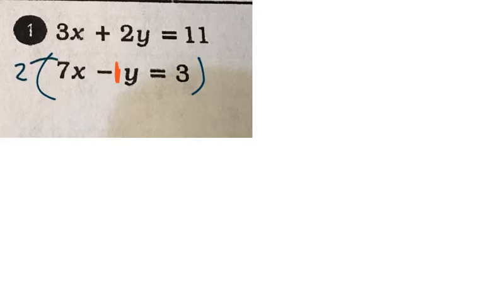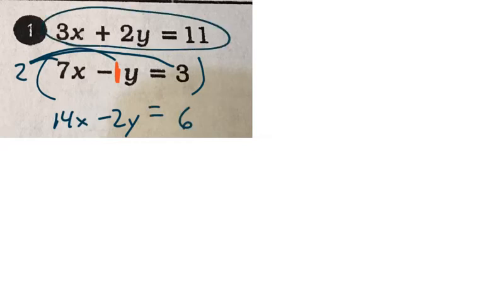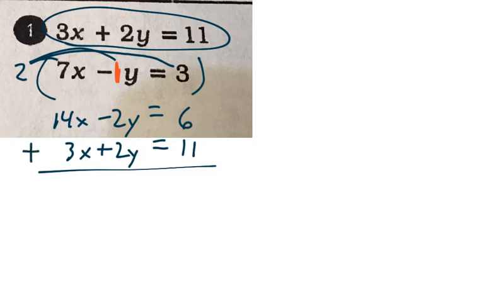And just follow along. 2 times 7 is 14x. 2 times minus 1y is minus 2y. 2 times 3 is 6. Now I'm just going to copy the first equation down underneath so it looks a little bit neater. And notice now, if I add, 2 minus 2 makes 0. It's gone. So now I'm just left with 17x equal to 17.